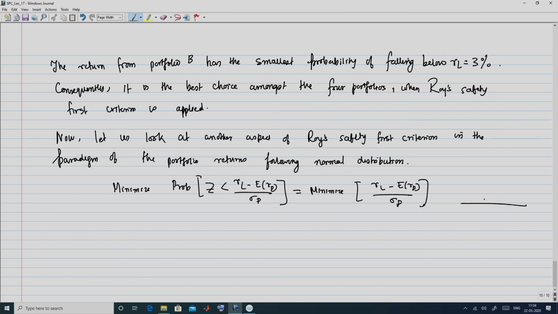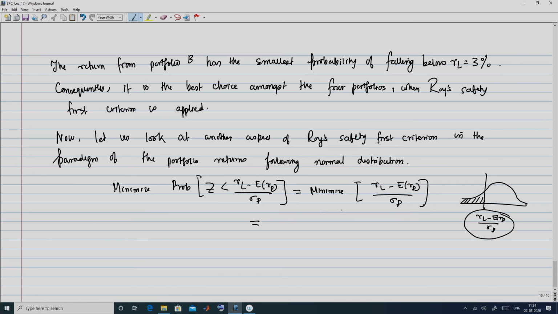Remember that here we had this (R_L minus E(R_p)) over sigma_p, and we wanted to minimize the area under the curve. So, the minimization of the shaded area under the curve amounts to minimization of this quantity.